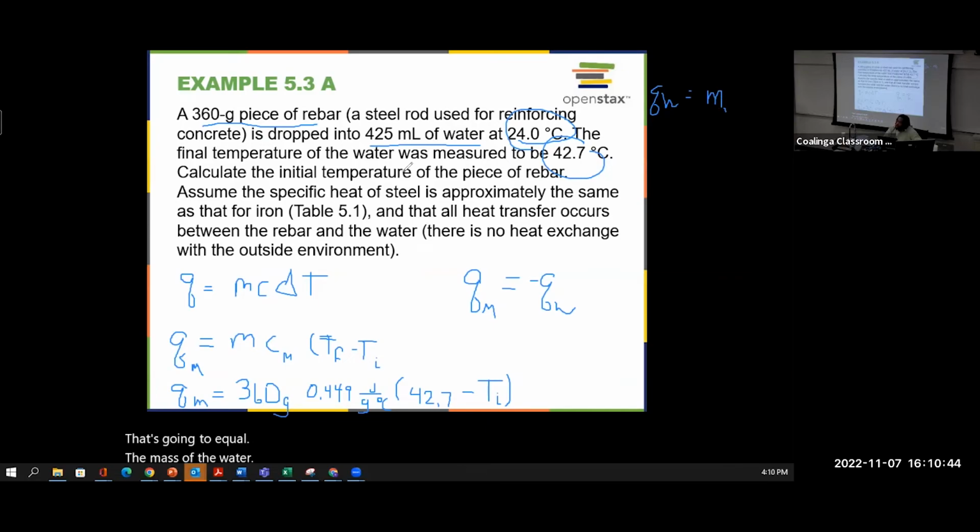Okay, so now if we think about the mass of the water, C, so then in this case, W.